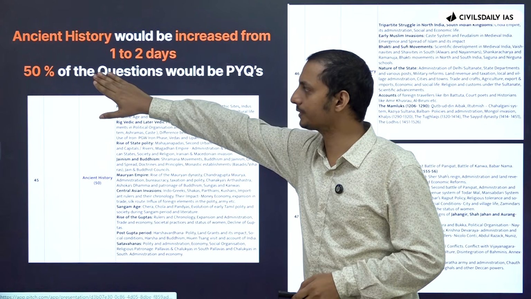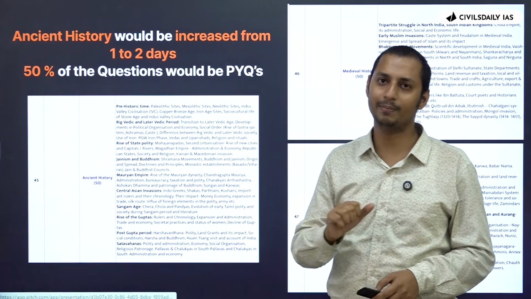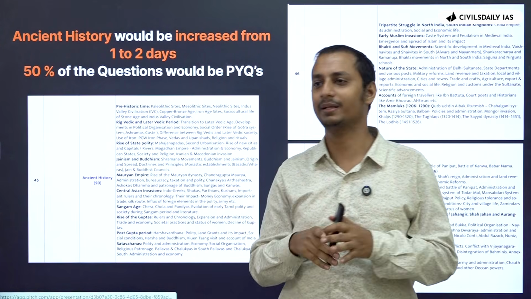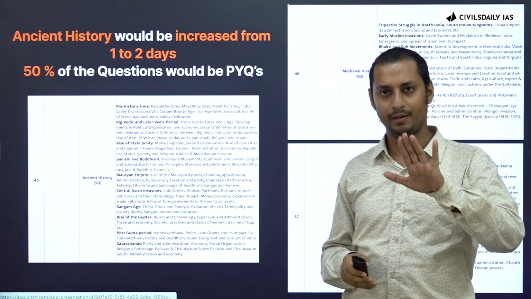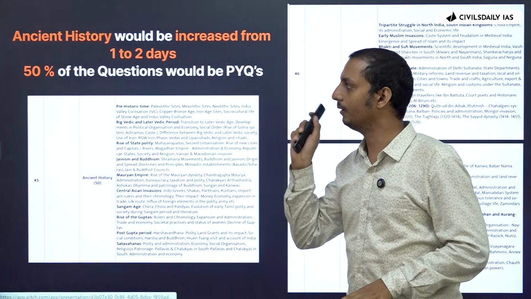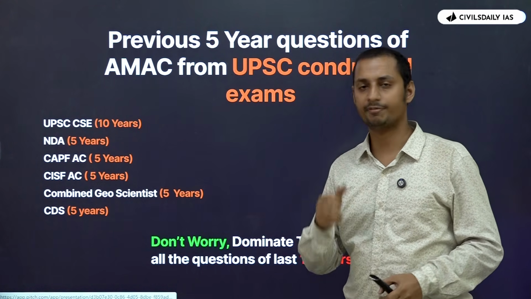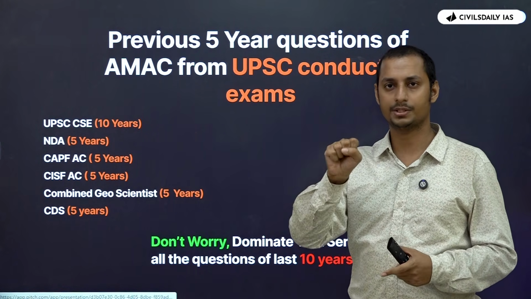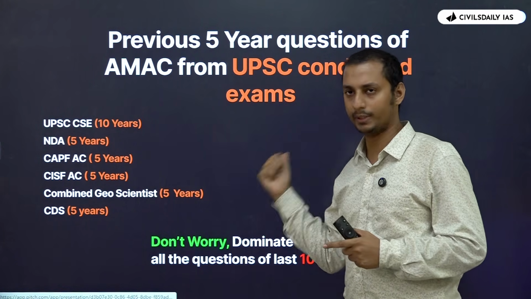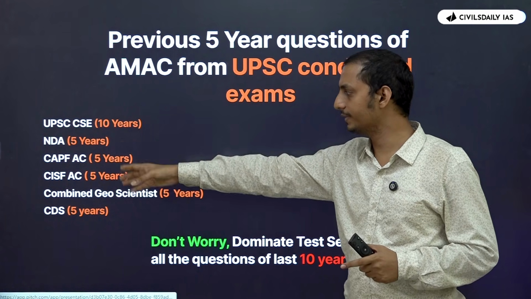And for more than 50% of the questions, we will not be making any new questions. We will not be making a significant number of questions, okay? Rather, we will be taking all the questions which are asked in these papers. Let's say 5 years of NDA, all the ancient, medieval, art and culture questions we'll be putting in Dominant. CAPF, CDS, all these years.